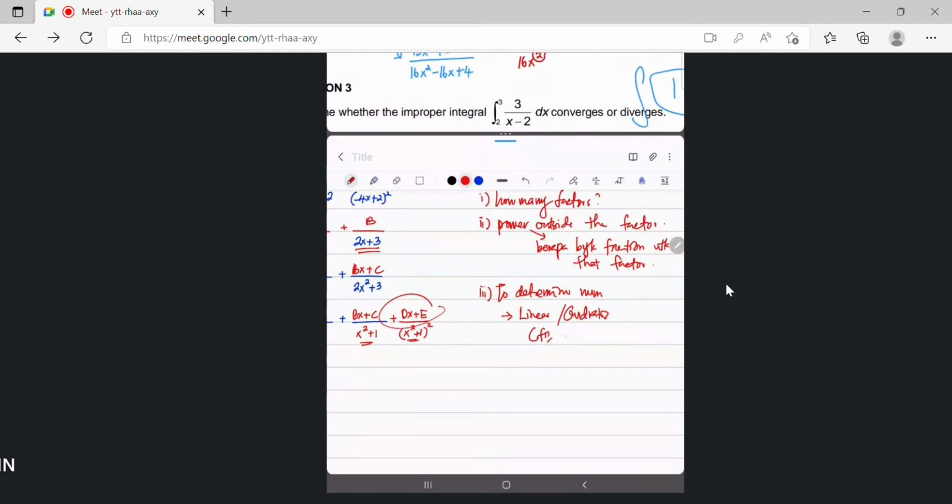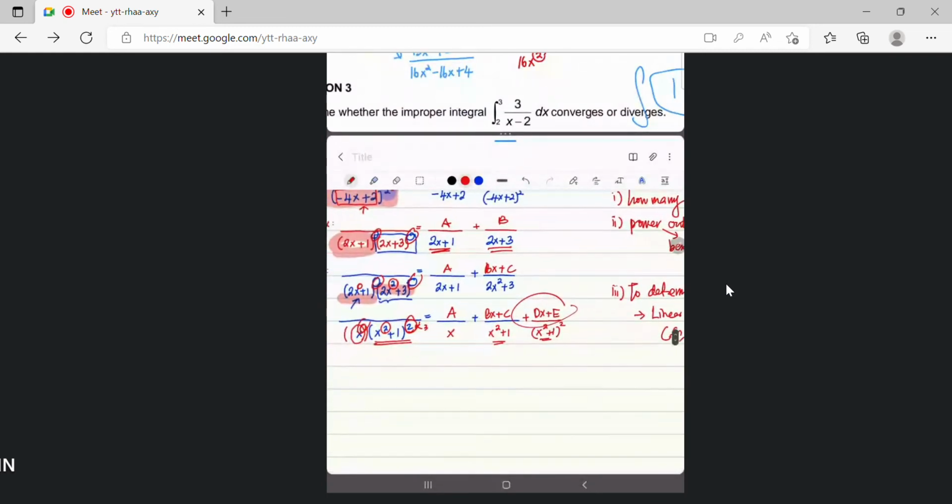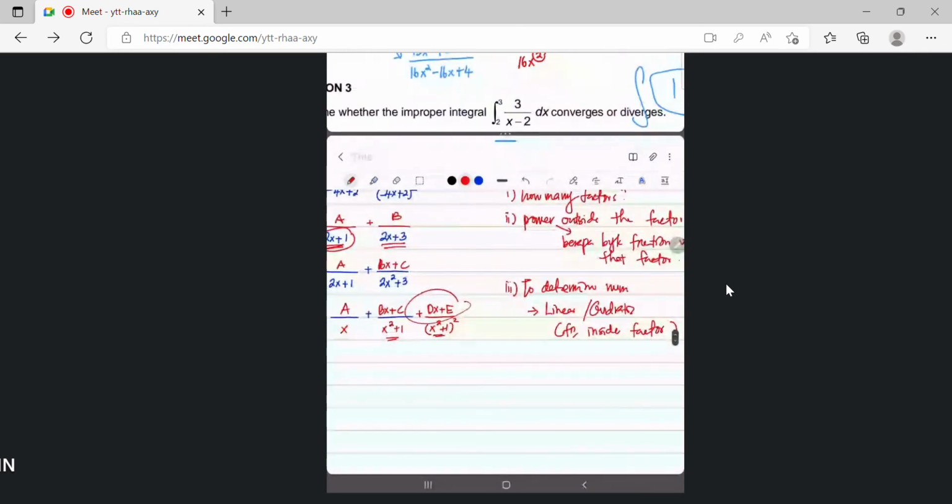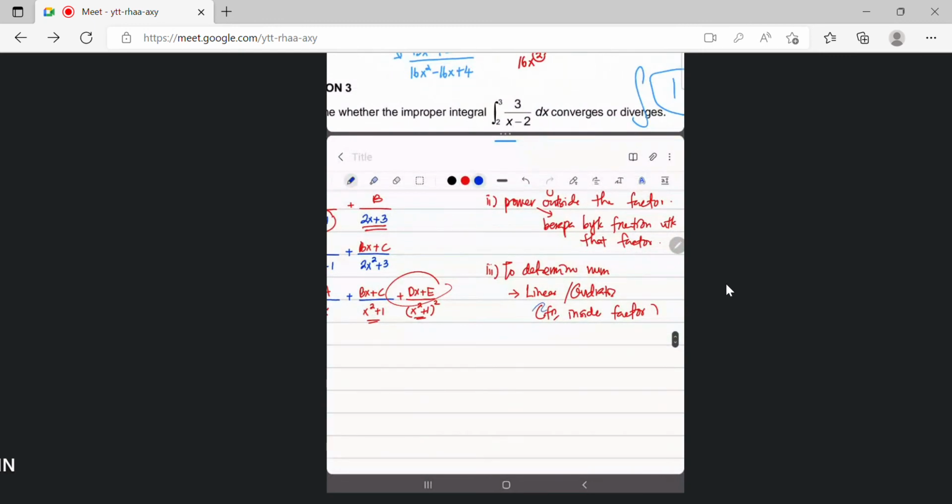Function inside factor. Okay, function yang ada di dalam factor. Yang ini. Adakah linear ataupun kuadratik? So, kalau linear, single A. Kalau kuadratik, Ax plus B.